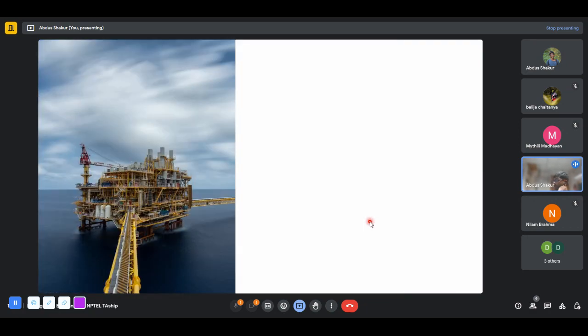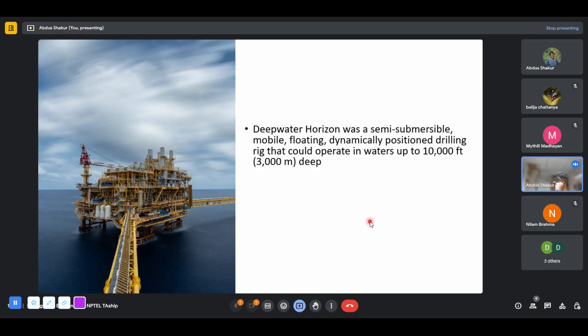Let's try to understand what happened in this spill. Deepwater Horizon is the name of a drilling rig. This is what a drilling rig looks like: semi-submersible floating platforms that tower up to crazy heights and weigh so much. The main job is to find suitable areas and dig for oil.